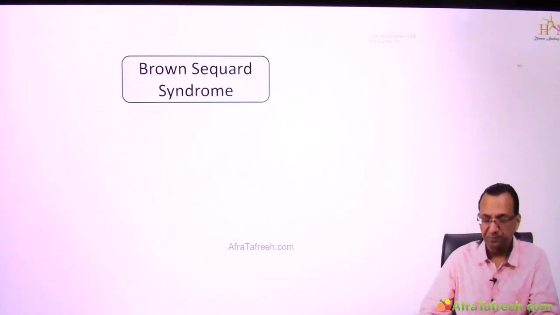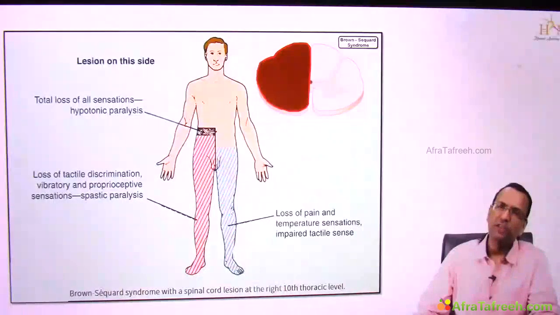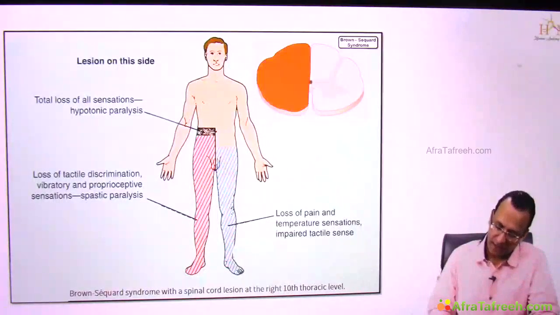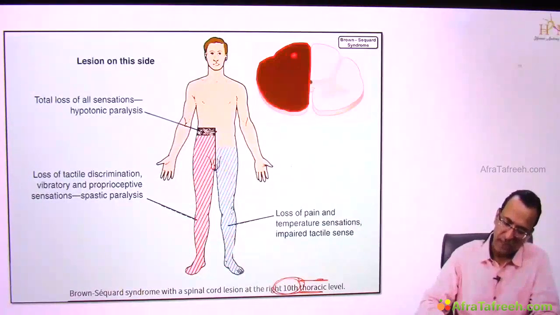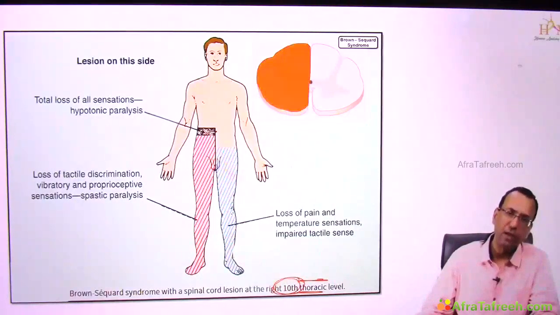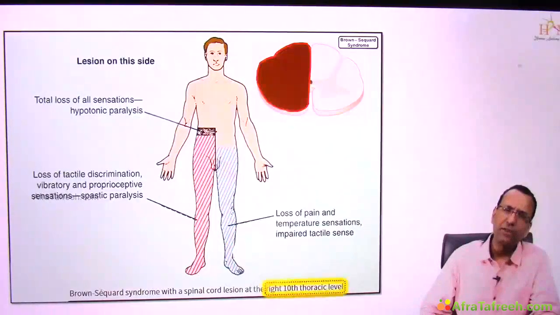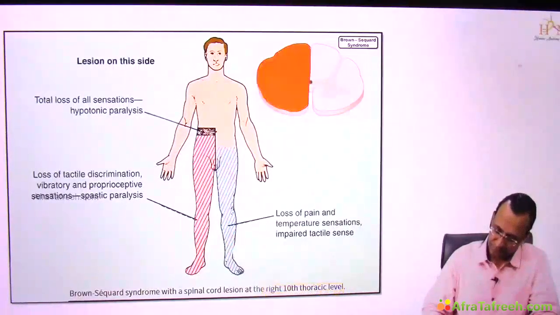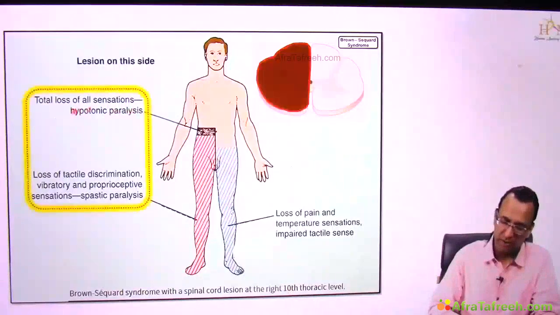We got a patient. That patient had right-sided Brown-Séquard syndrome at the T10 spinal cord level, T10 right side, and hemisection of spinal cord. Now, if there is a hemisection of spinal cord at the T10 spinal cord, you will find that most of the clinical features are coming on the same side, wherever the side is affected, and they may be the paralysis or maybe some sensory loss.